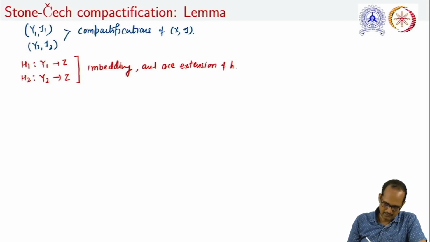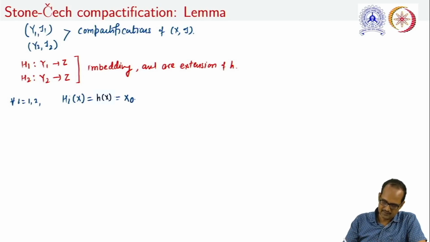Now for i equal to 1, 2, if we look at what Hi of X is, that is nothing but small h of X, that is precisely x naught.